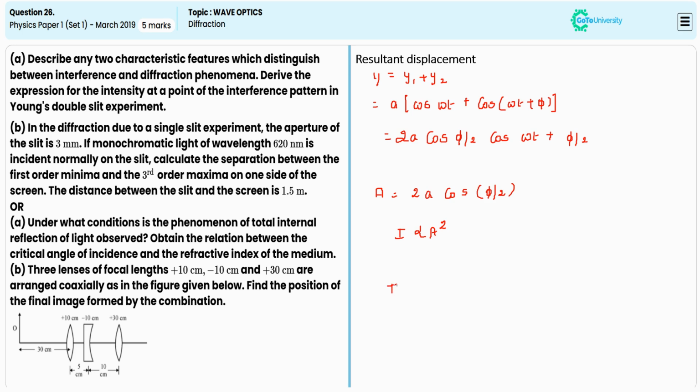Then I can write I is equal to K times A square, and we can write it as K 4a square cos square phi by 2. This is the expression for the intensity at a point of the interference pattern in Young's double slit experiment.